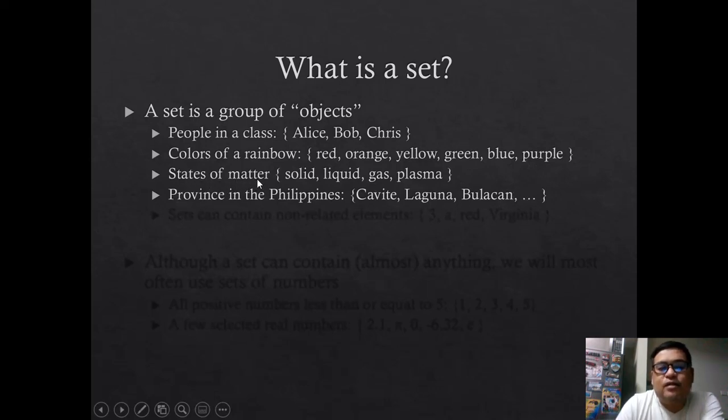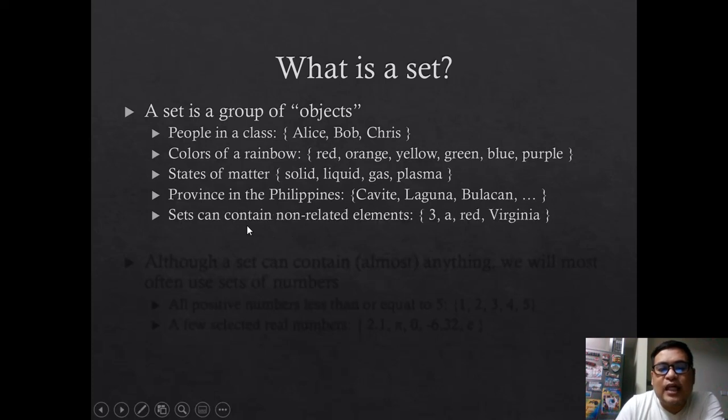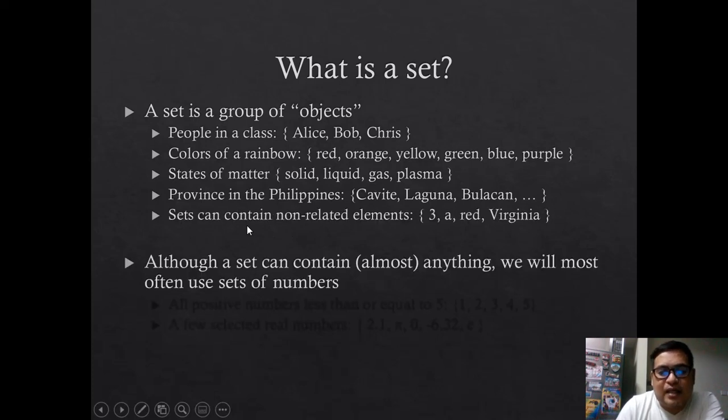States of matter: solid, liquid, gas, and plasma. Provinces in the Philippines: Cavite, Laguna, Bulacan, and etc. Sets can also contain non-related elements. Say for example, 3, A, red, Virginia.